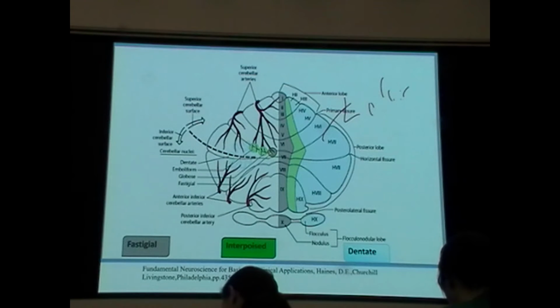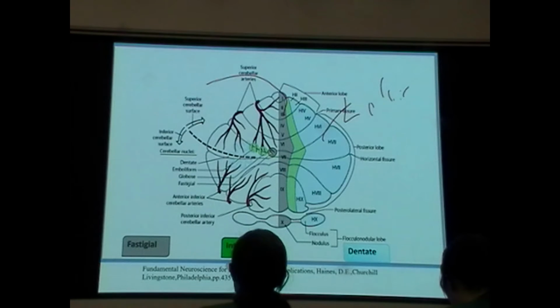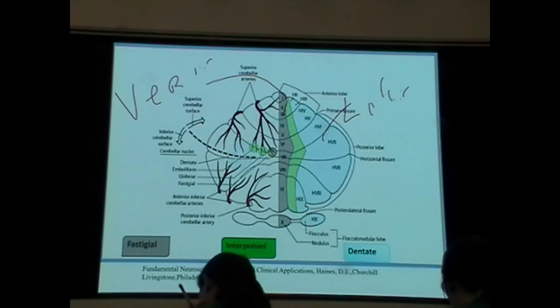The vermis is this gray area over here, and this is sending information to the interpositus nucleus. Okay? That's Purkinje fibers to the interpositus nucleus. And then there is an area that is adjacent to the vermis laterally and adjacent to the lobes medially, and that is referred to as the paravermis.